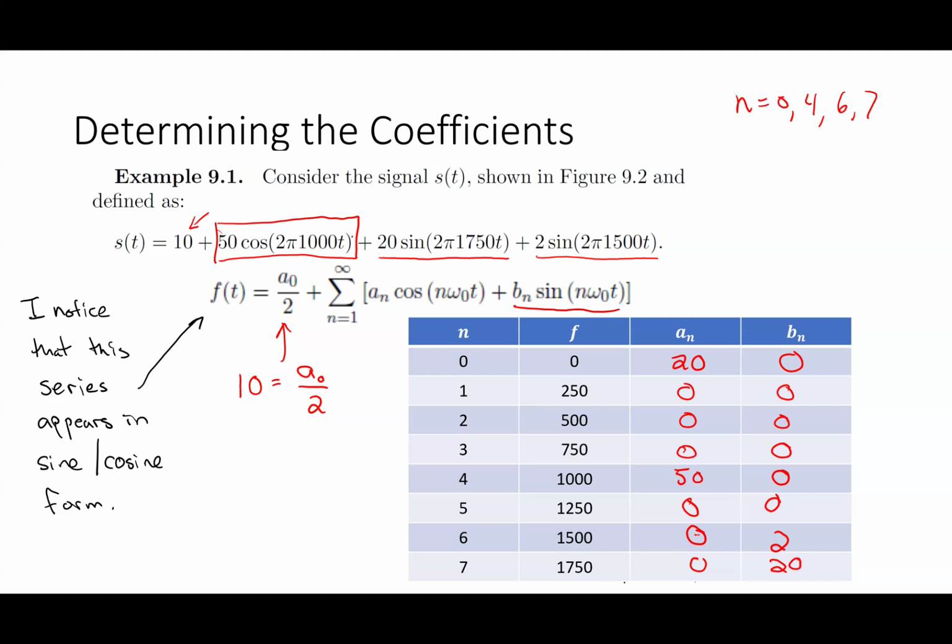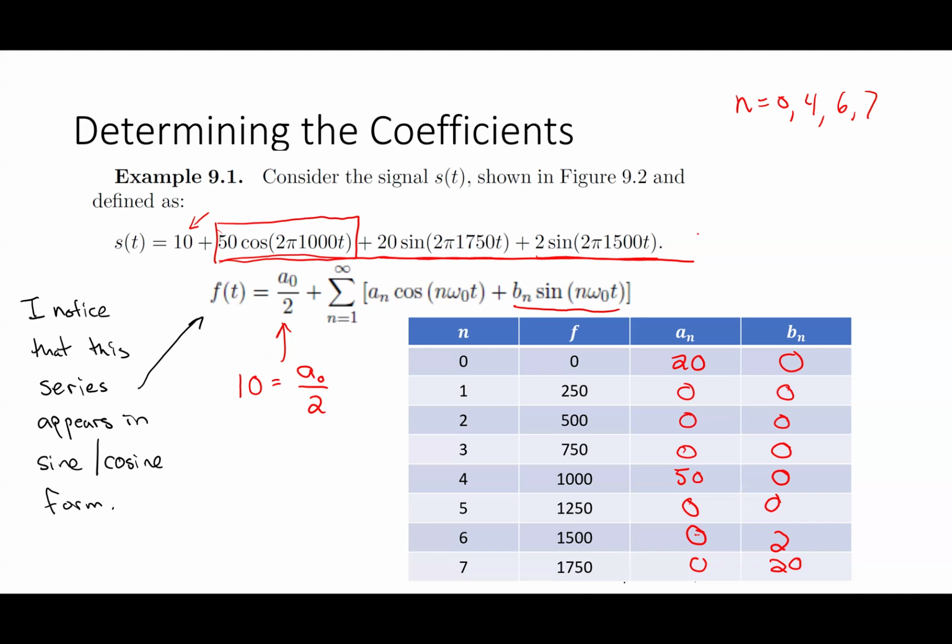And there's nothing in that thing that has a 1250 hertz. There is a 1500 and there is a 1750. But I said the A values were 0. Why did I say the A values were 0 at 1750 and 1500?